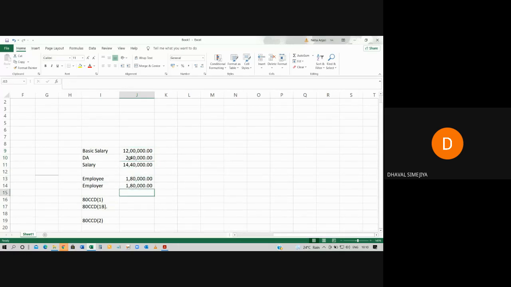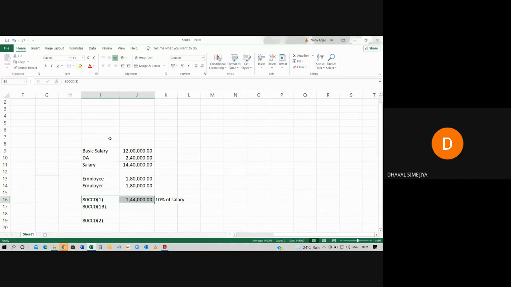So here 10% of salary. What is 10% of salary? 14,40,000 multiplied by 10%. 1,44,000 rupees available under section 80CCD subsection 1.